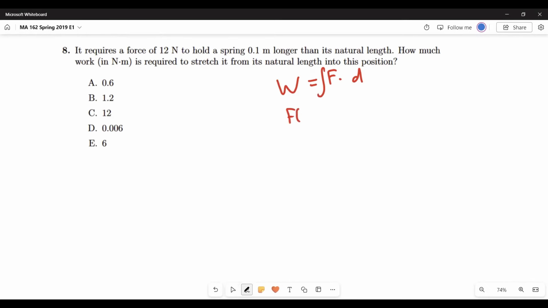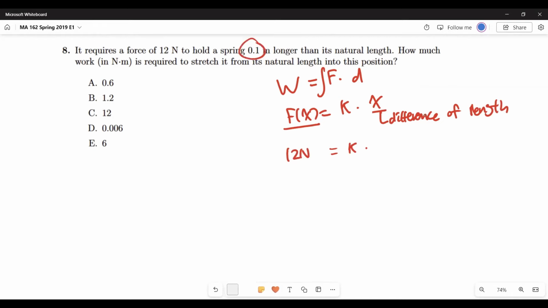So the force equation is the k constant that we don't know times x, the difference of lengths. So we are given the force is 12 N, and k we don't know, and we know that it's 0.1 meter longer, so it's 0.1. So if you want to find k, it becomes 120 Newton per meter.